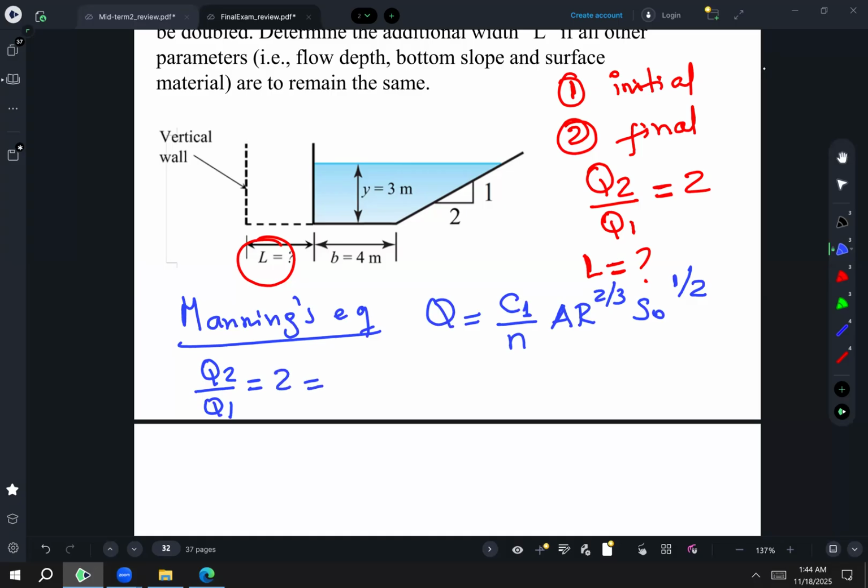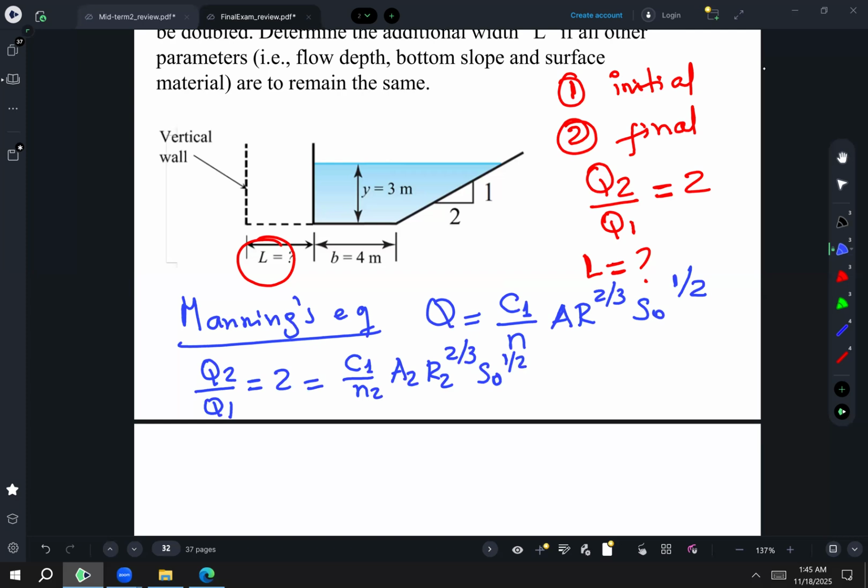So the Manning's equation in the final condition is the coefficient C1 times the roughness n2, area 2, hydraulic radius 2 to the 2/3, slope S0 to the 1/2.